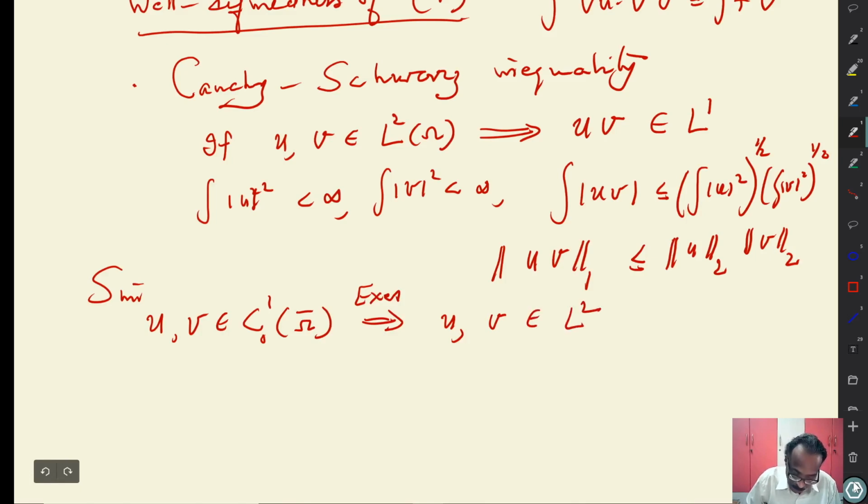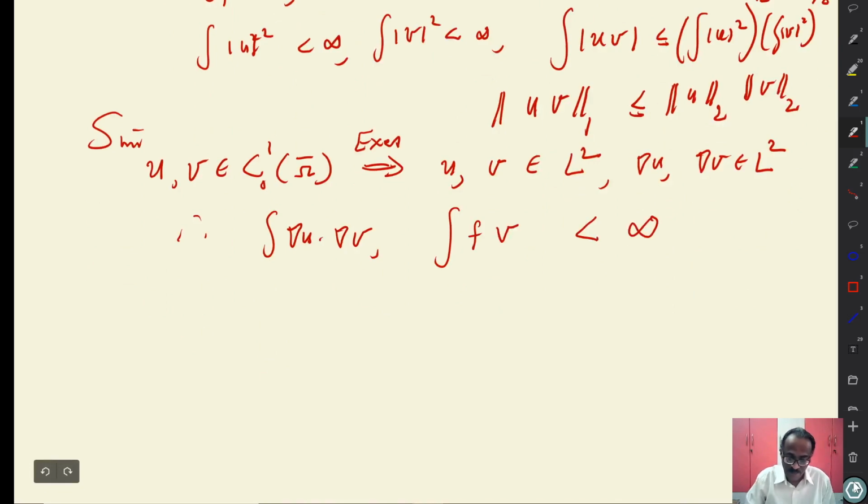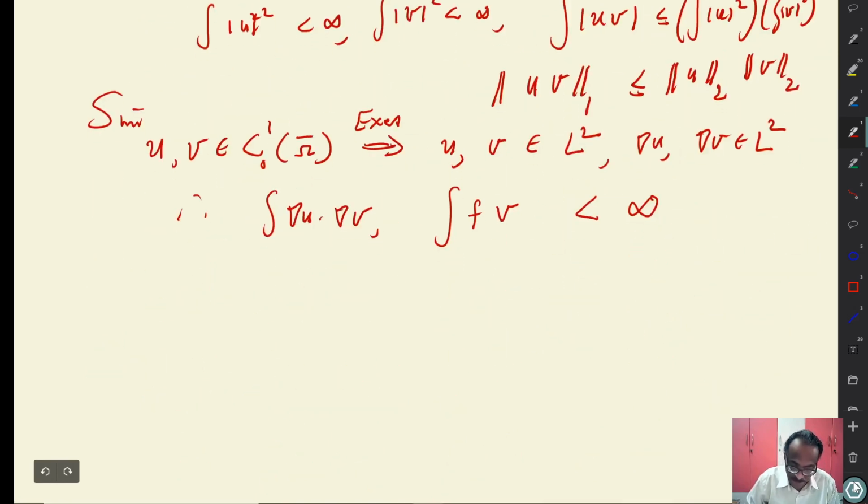Therefore these terms are well defined, because u, v is in L2 and grad u, grad v is also in L2, because for C1 of omega bar the derivative is also there. So therefore grad u, the product and the integral of f v are all finite. So the terms are finite quantities under this assumption.